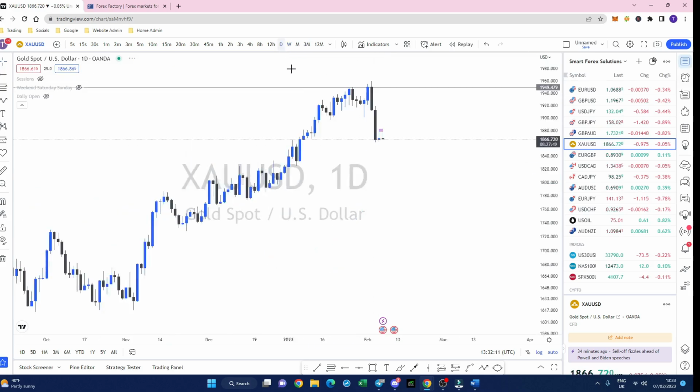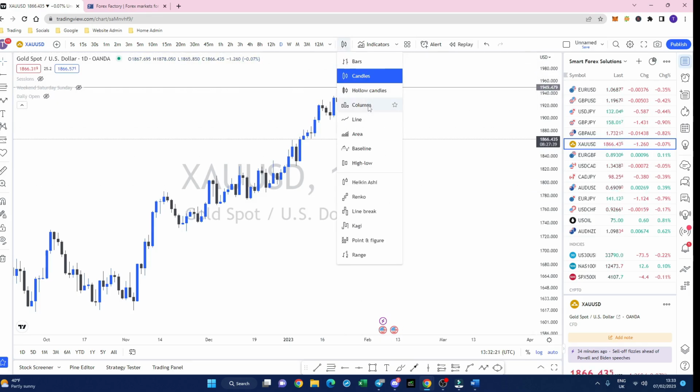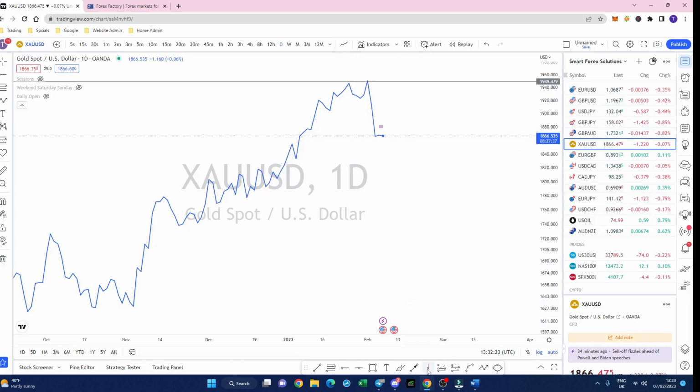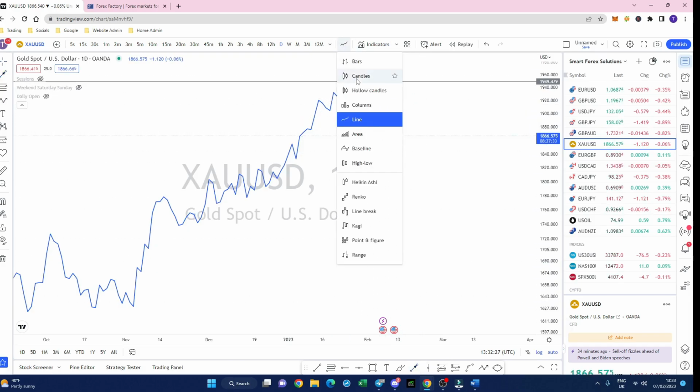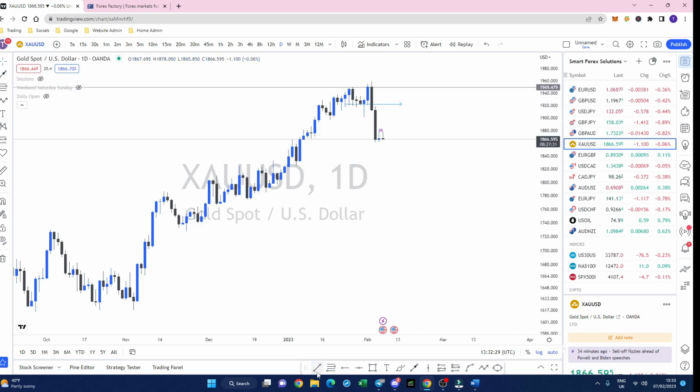Now, if we look at the daily time frame, we can see the rejection is actually giving us an idea of what the structure is. So looking now at structure, and again, if we get the line chart, you can see a very, very clear break of structure. Now, I need to look to the left here and see that we've obviously taken that liquidity in the process.